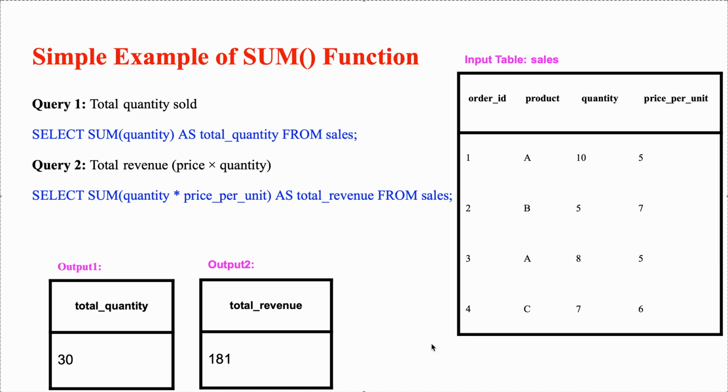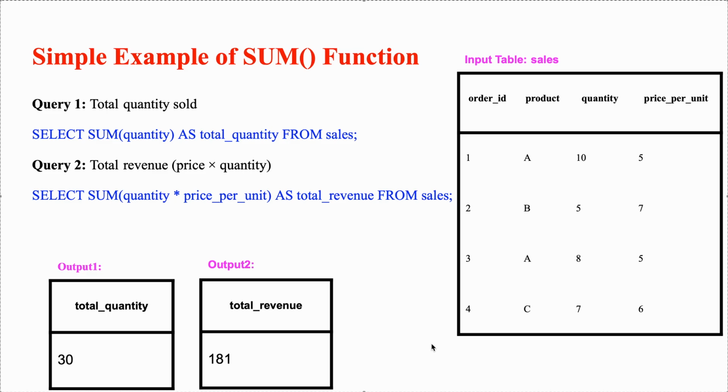Let's walk through an example using this sales table. We've got columns for order ID, product, quantity, and price per unit. In the first query, we calculate the total quantity sold by using SELECT SUM(quantity), and that gives us a total of 30.